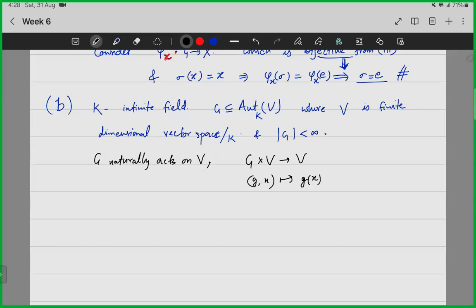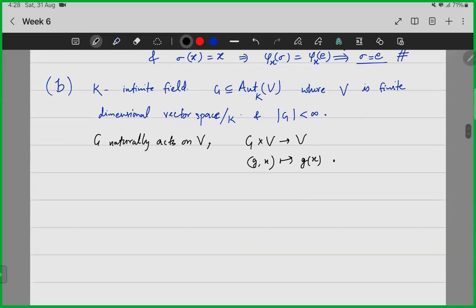It naturally acts on V. Now we want to show there exists one element in V which has a trivial stabilizer.